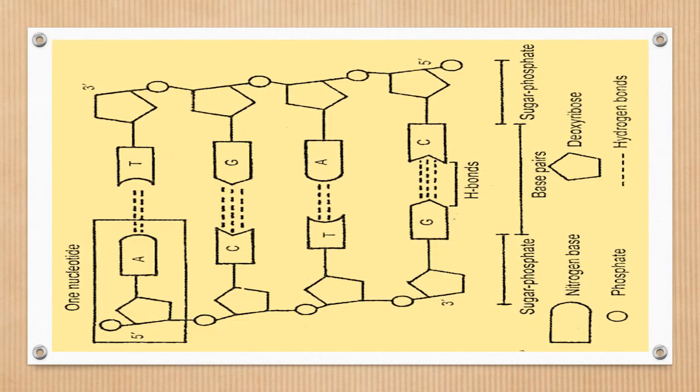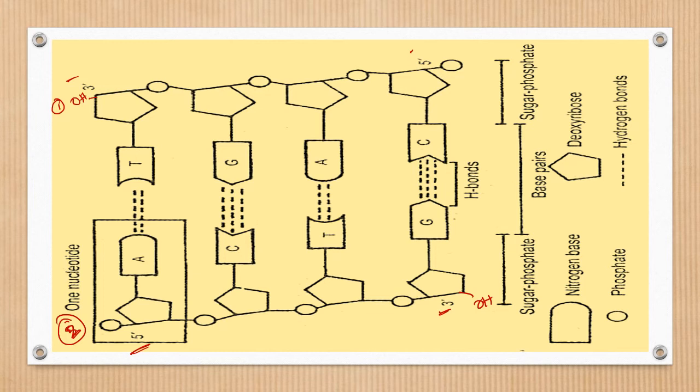Let's see the representation of that pairing. We already discussed that it is anti-parallel. The first strand here is 3' to 5', and in the opposite direction the second strand is 5' to 3'. The 3' end ends with a hydroxyl group, OH, and at the 5' end the circle represents the phosphate group.